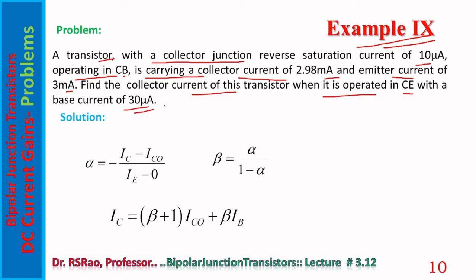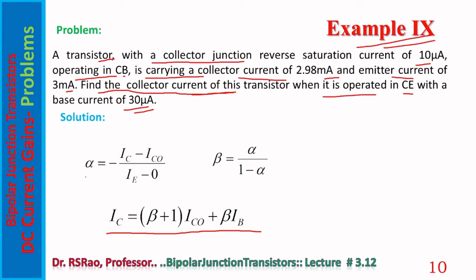Solution. Here, numbers are not manipulated, but the procedure is explained. We are asked to find out collector current. Collector current is given by IC equal to (beta plus 1) ICO plus beta IB.